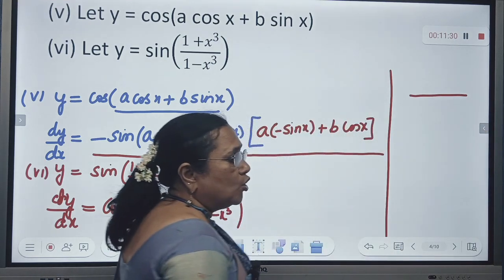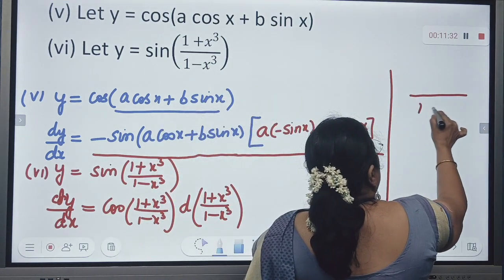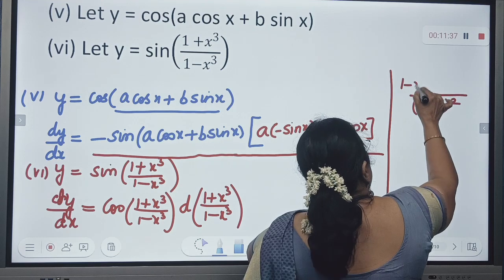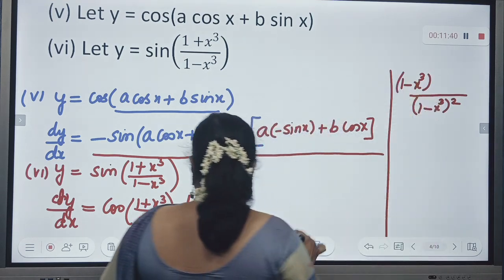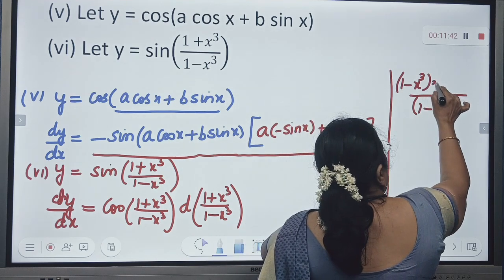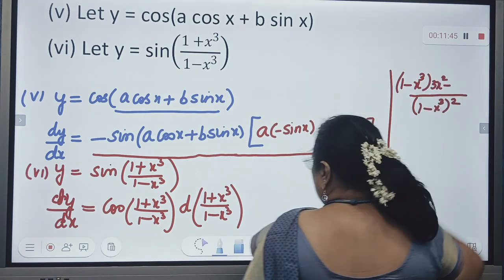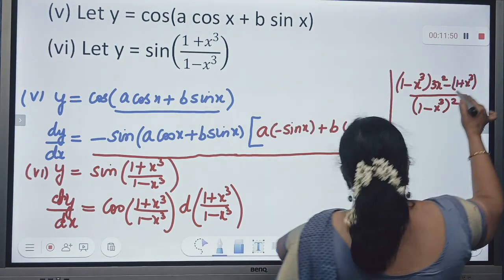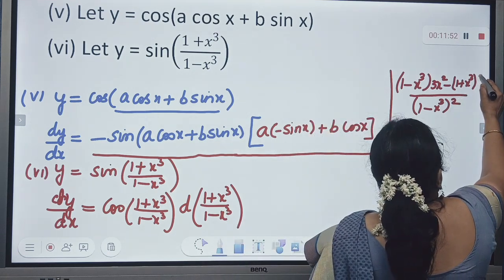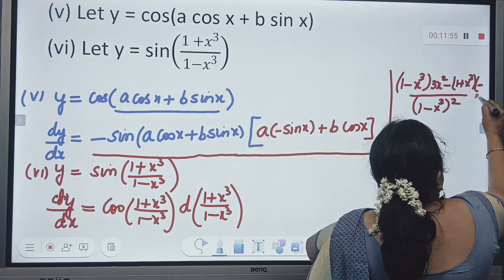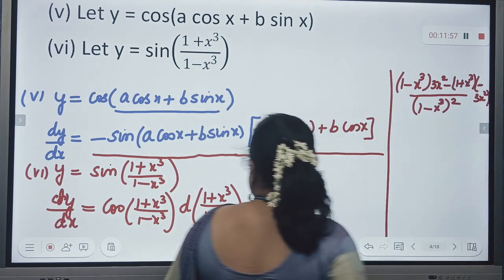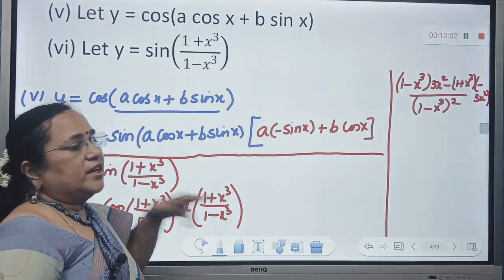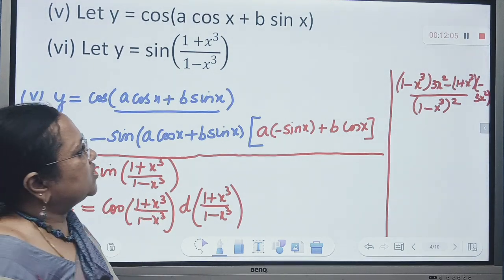I have to use the quotient rule. So (1 minus x cube) the whole square in the denominator, into the derivative of the numerator, which is 3x square, minus the numerator, which is 1 plus x cube, into the derivative of the denominator, which is minus 3x square.